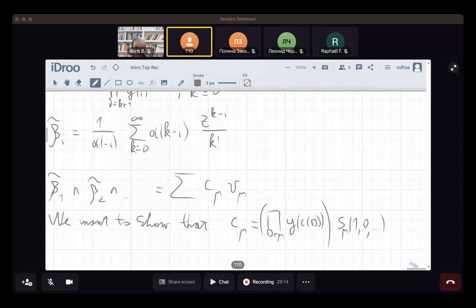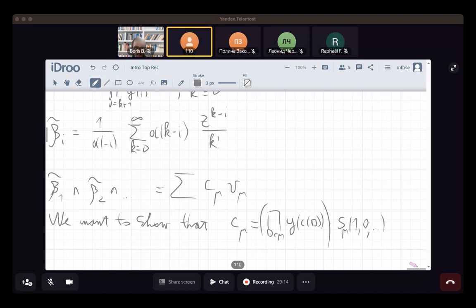How does V mu look like? V mu, if you remember, is z to the power mu1 minus 1, wedge z to the power mu2 minus 2, wedge and so on, right?